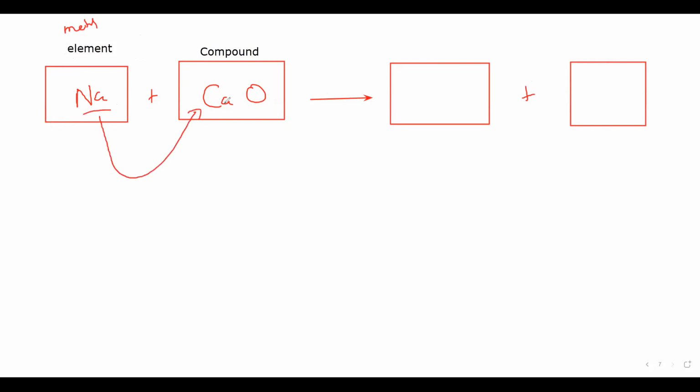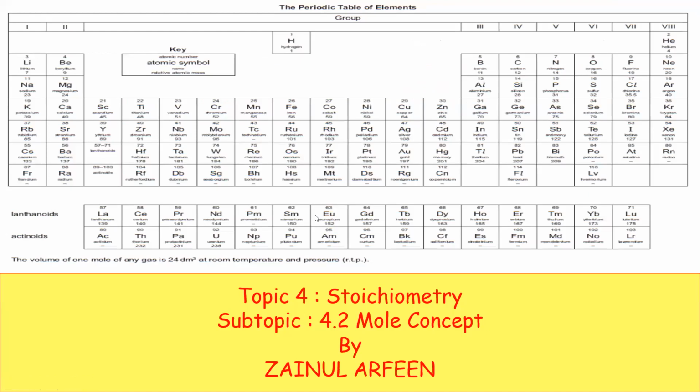Students, think: what is a common mistake students make? They displace and they write the formula of sodium oxide as NaO. That is wrong, because you want to write the formula of a compound which contains sodium and oxygen. So how to write it? Again, you have to use a periodic table.